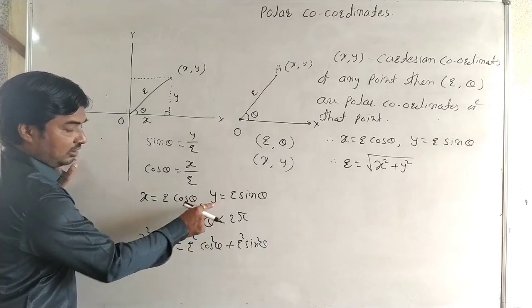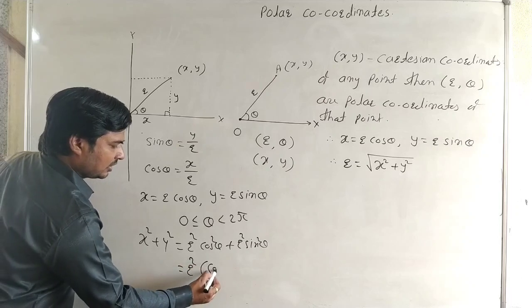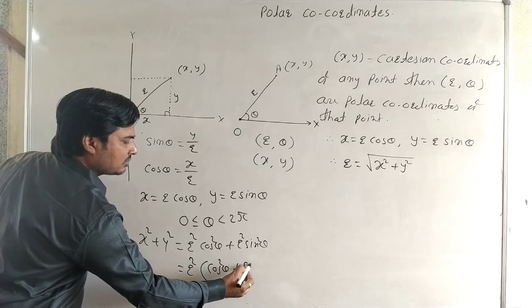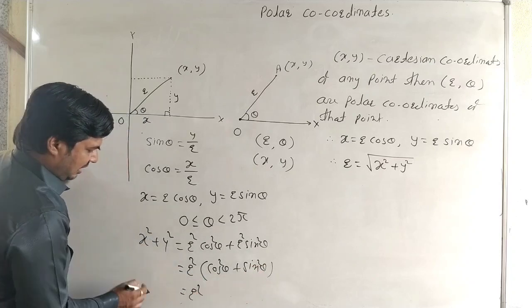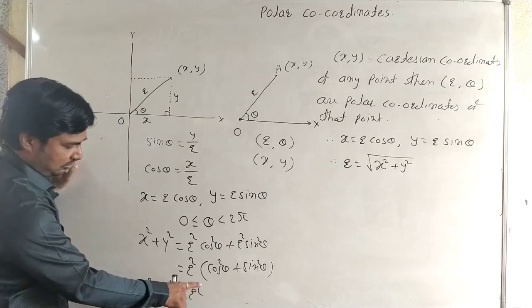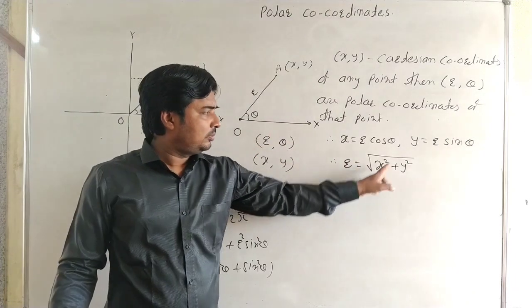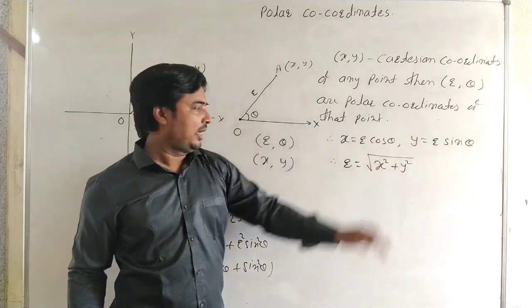Taking r square common, it is cos square theta plus sin square theta, and then it is r square. Therefore x square plus y square is equal to r square. Therefore r is equal to under root of x square plus y square, and r is a distance, so take this as positive.